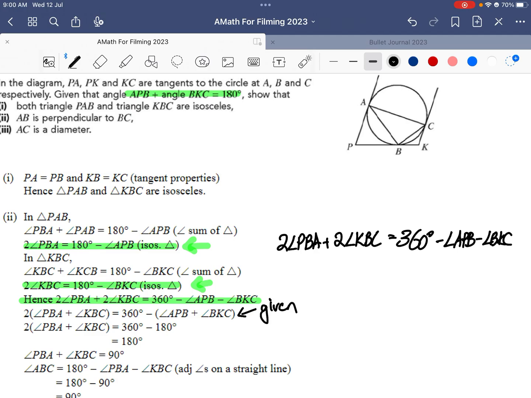Now, what I can do here is I can divide everything by 2.